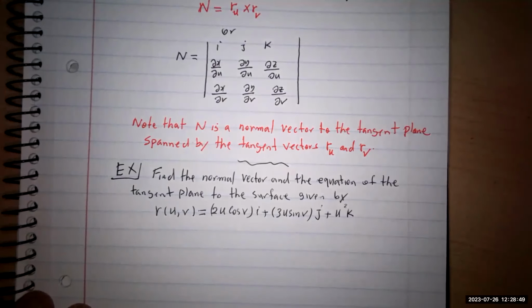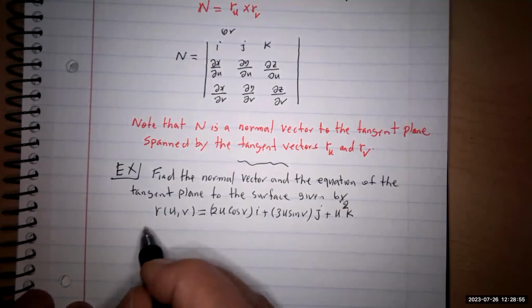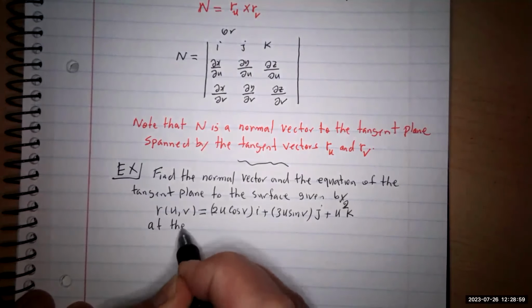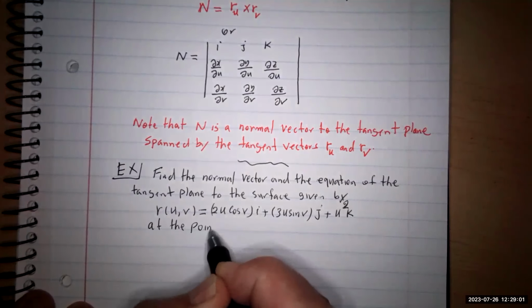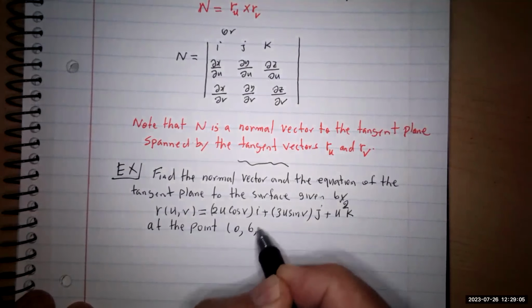Of course, you must be given a point, at the point with coordinates 0, 6, 4. That's it.